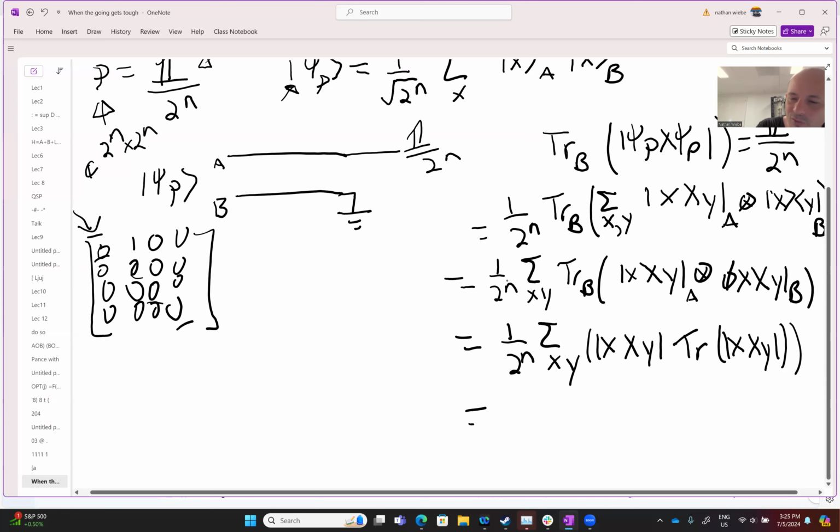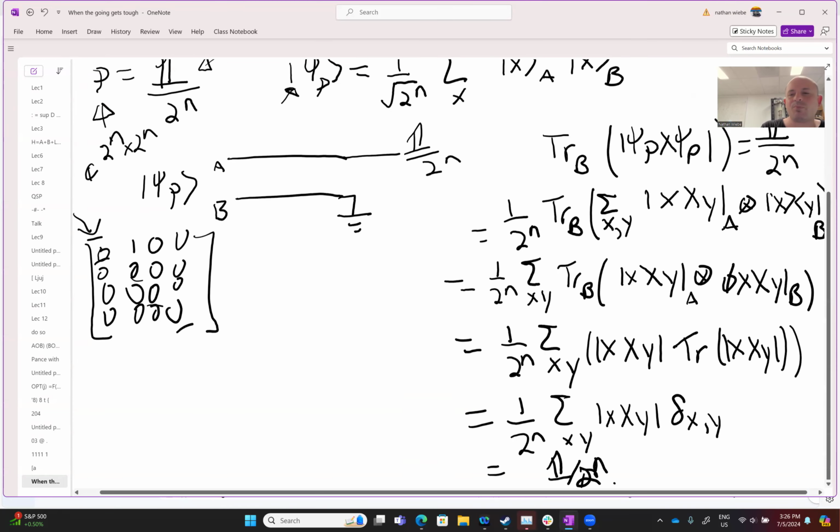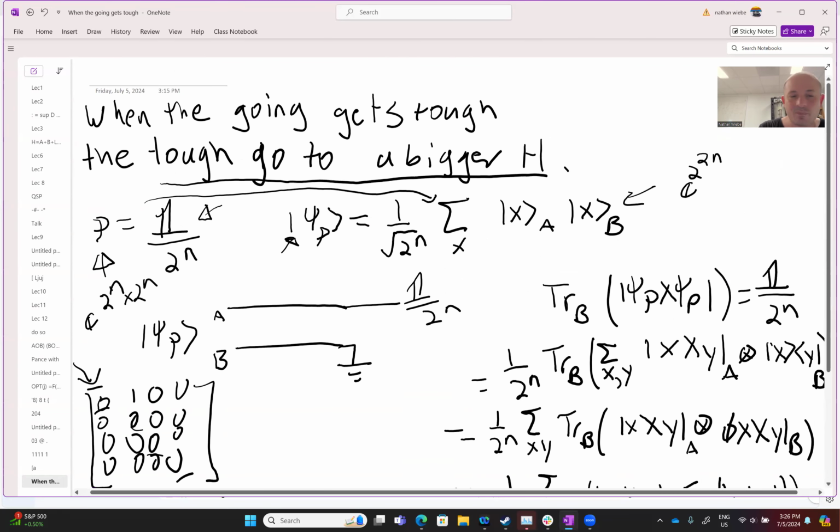So therefore, this result is just going to be 1 over 2 to the n, sum over xy, x outer producted with y, Kronecker delta xy, which is just equal to the identity divided by 2 to the n. Okay, so that shows how we can build the maximally mixed state as a piece of a larger pure state.